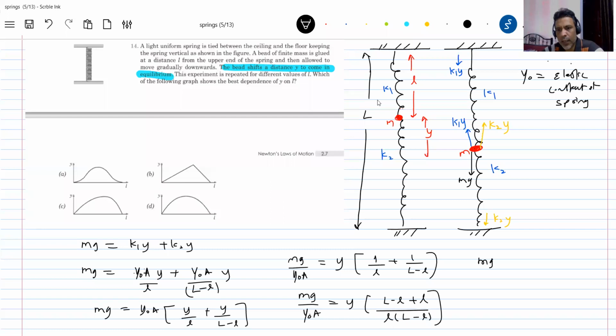So further, mg by Y naught A equals Y capital L by l into L minus l.